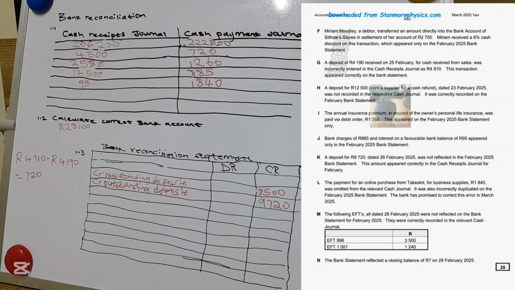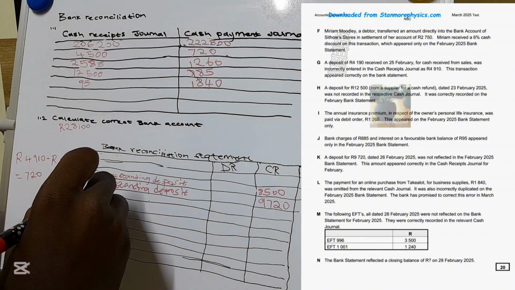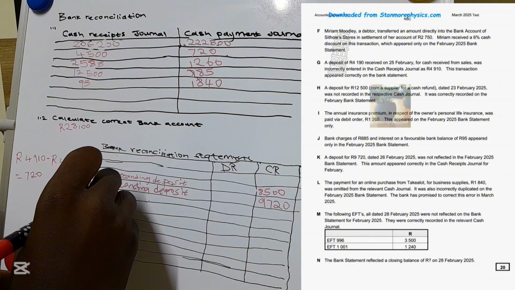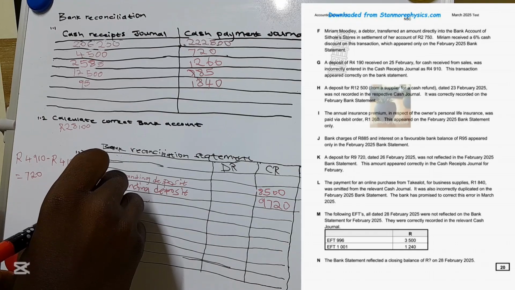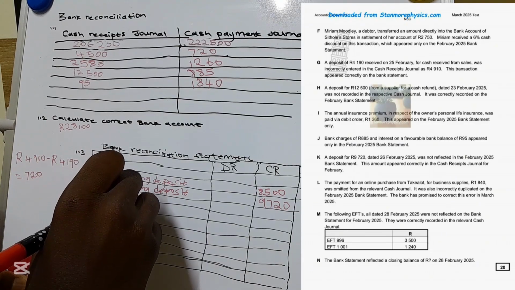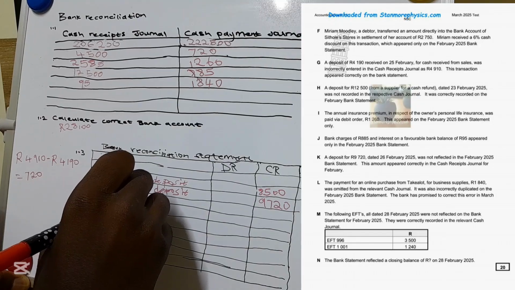So we go to the bank reconciliation statement, and we're going to say credit amount wrongly debited. Credit amount wrongly debited.